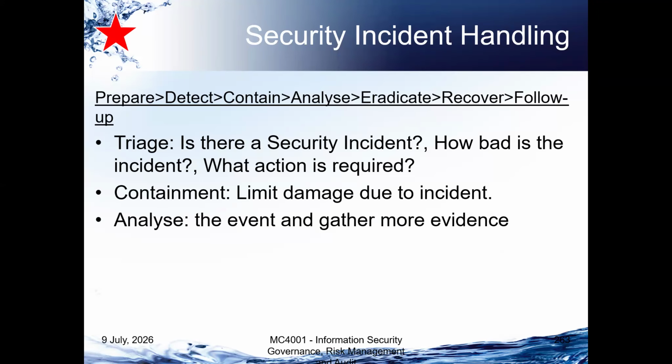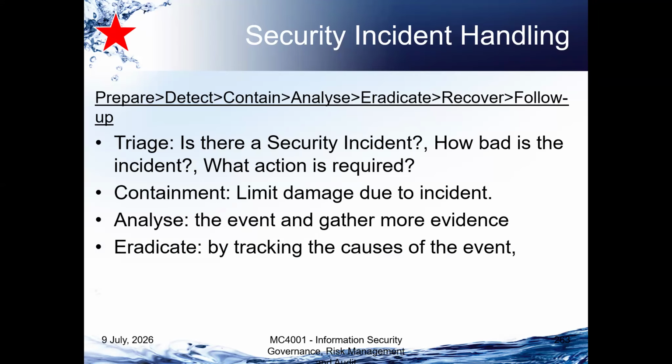Analysis is the longest part of that exercise, where you analyze the event and gather more evidence. The evidence can come from logs, from files left behind by the malware, or whatever activity was done before. All of those things are analyzed at that point.